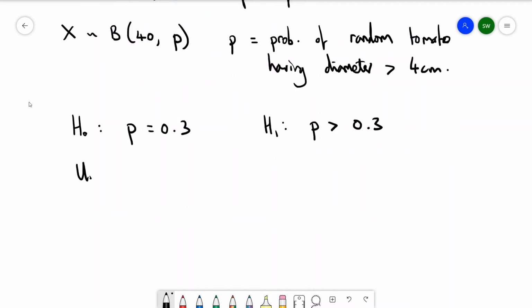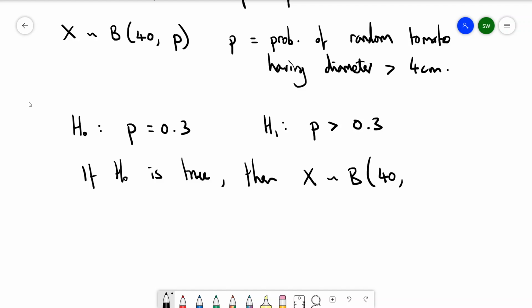So next, if H0 is true, then we know that X would follow a binomial distribution with 40 trials, and the probability of a random tomato having a big diameter would be 0.3.